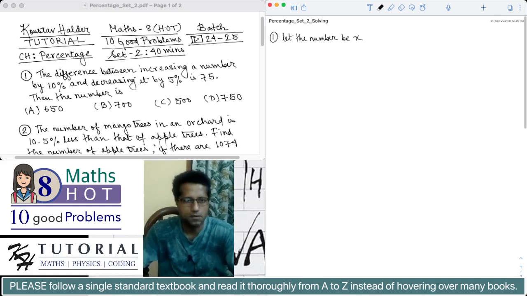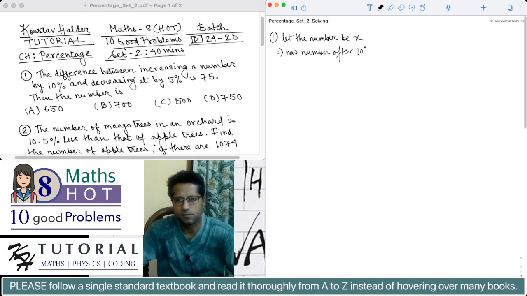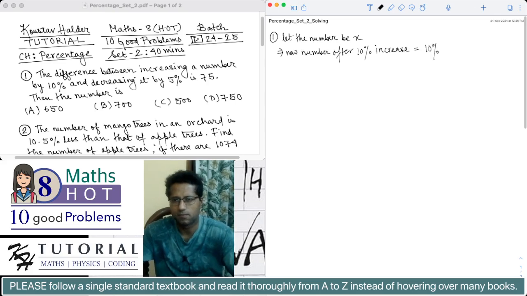x. Now this implies a new number after 10% increase, that is the number when it is increased by 10%, will be 10% more than x, where x is the original number that we have assumed.